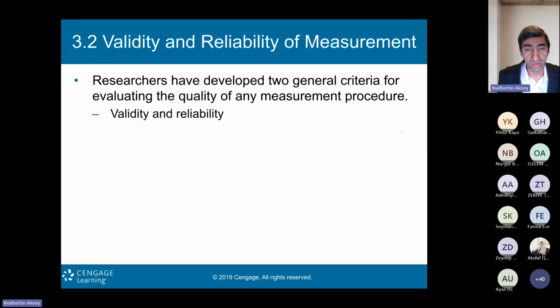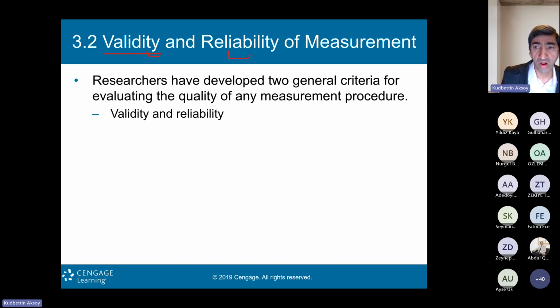So once you have your instrument, it comes to validity and reliability. These are very big topics. In a doctoral study, you may need to spend weeks on each, in depth.